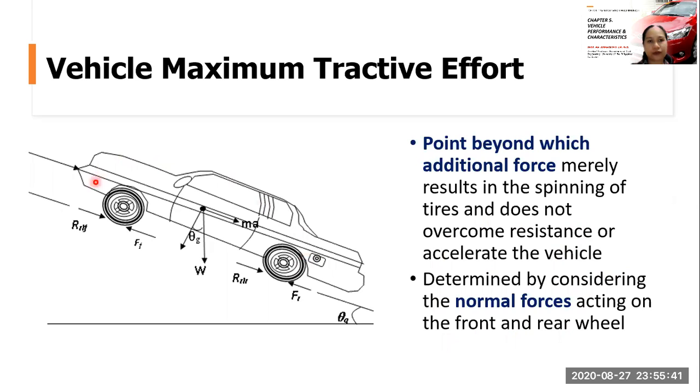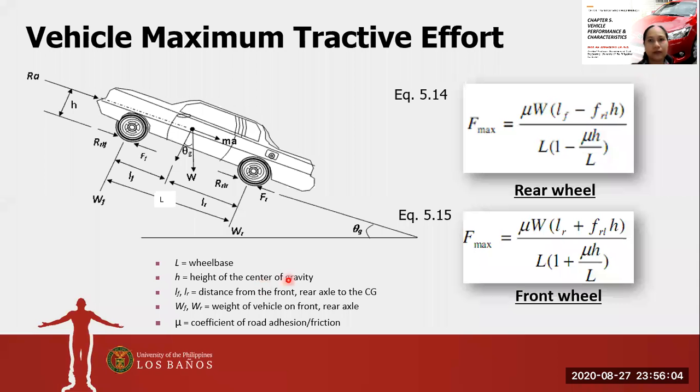Okay, if you look at the forces again, acting on the road, so we have normal forces acting on the wheels. So it should be the efforts that are normal to these wheels. Okay, so let's look closer to this figure.